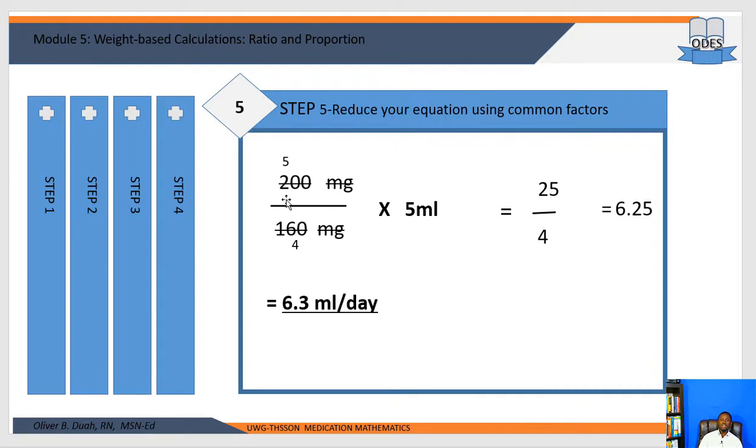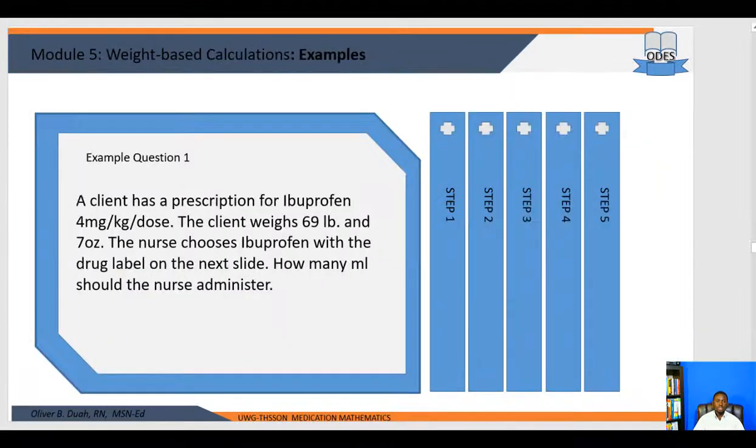So you are going to have 200 milligrams over 160 times 5 ml, and that will be 6.3 ml per day.